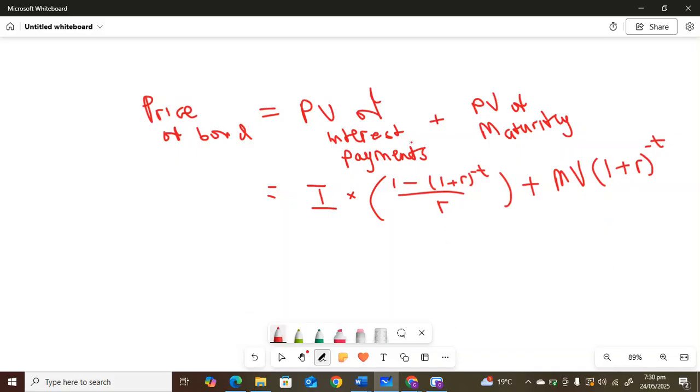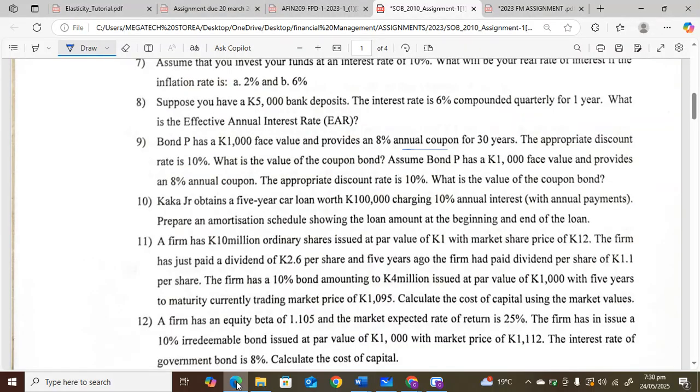So first thing first, we need to get our interest payment. How much will be paid as interest when we buy this bond? Well, they've told us our coupon rate is 8%, and the face value is 1,000.